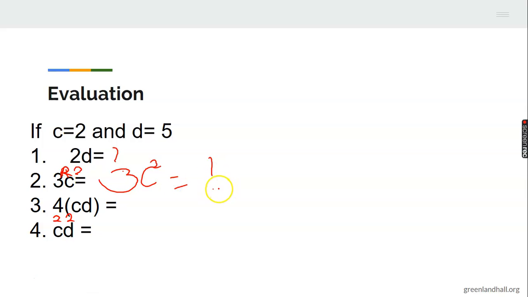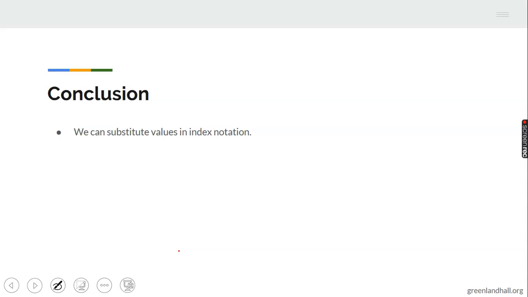Then number 4, 4 into bracket CD. CD is what? Then you calculate it and give me your answer. And number 5, C squared D squared is what? They are together. Calculate your answer and then send it to my email. It's on the first slide.